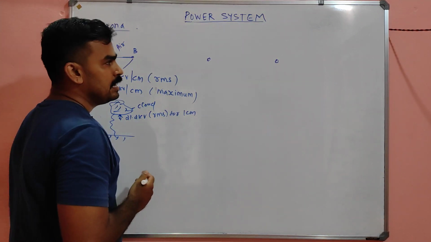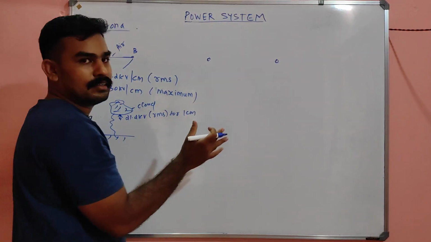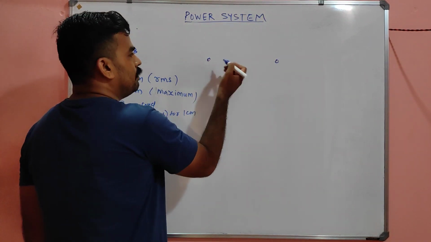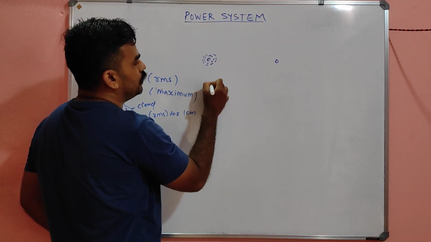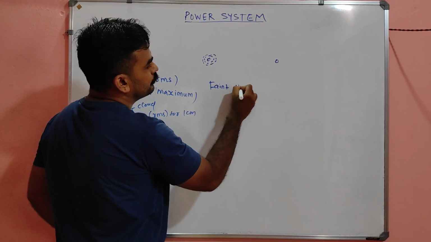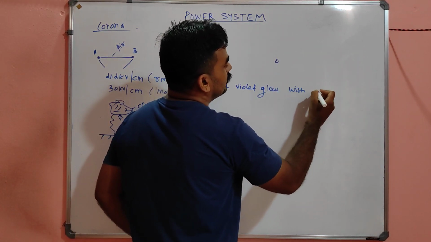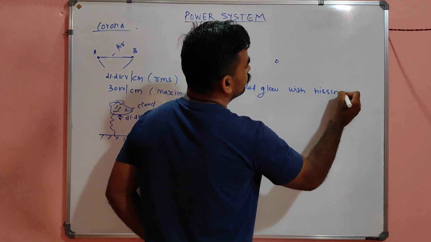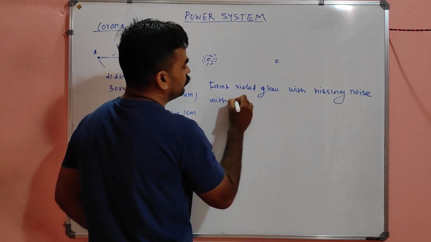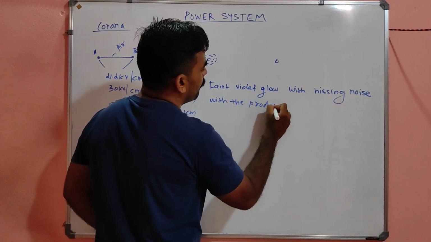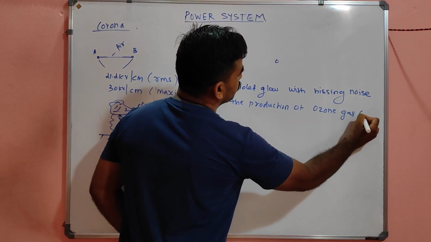If a particular voltage exists in between these two conductors, then there will be a faint violet glow with hissing noise with the production of ozone gas, called corona.